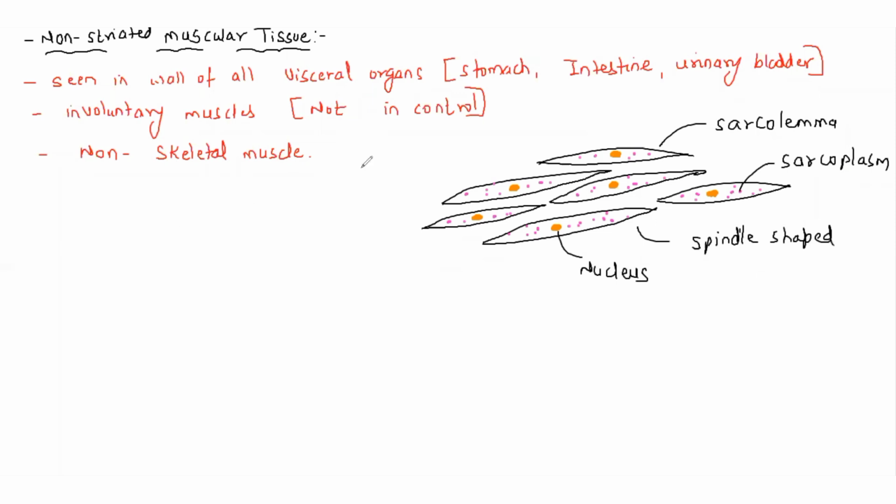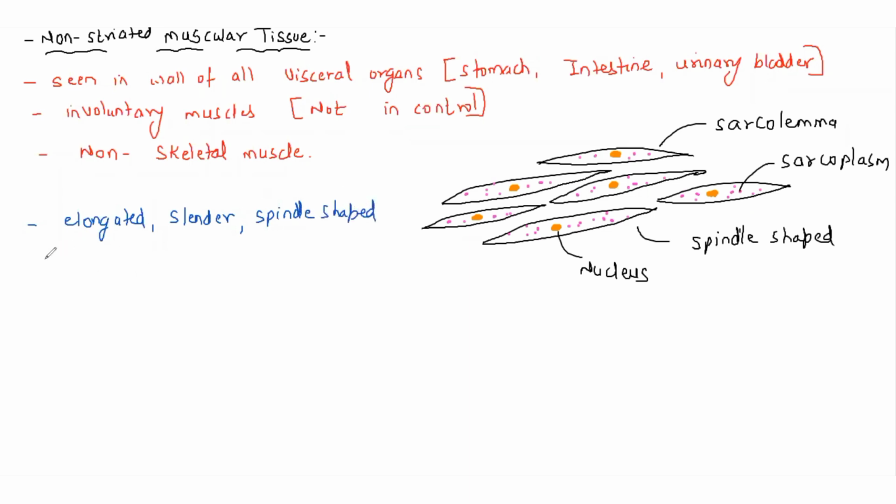Now let's understand the structure. Whenever it comes to structure, we will say they are elongated. All the cells are slender, meaning they are thin, and they are spindle shaped.